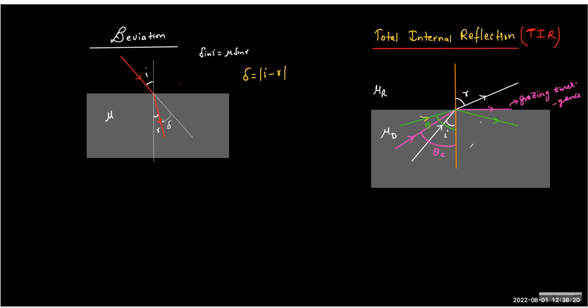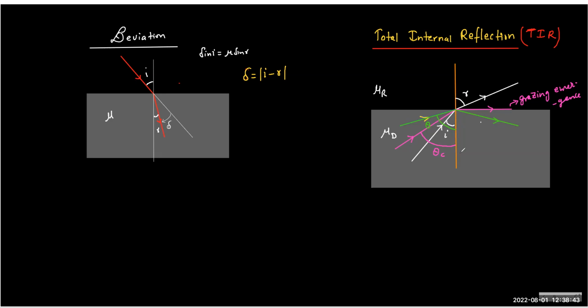Because we have seen that the maximum angle that we can have in refraction is 90, there is no point in going beyond 90. The moment the light ray is incident at an angle which is more than critical, the light ray has no choice but to come back to the same medium.